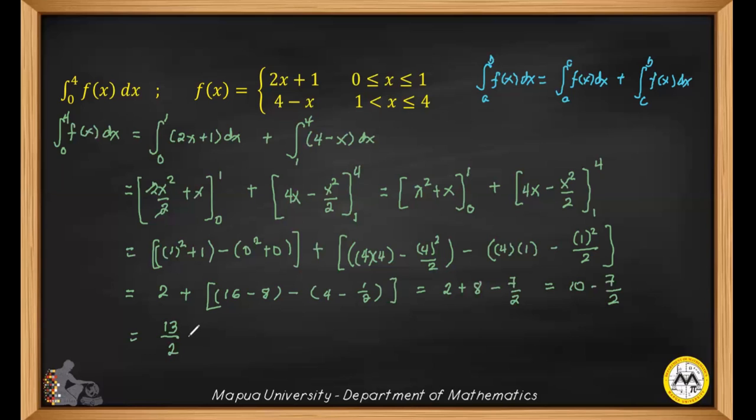Hence, the integral of f of x dx from the lower limit 0 to the upper limit 4, given the piecewise function f of x is 2x plus 1 when x is greater than or equal to 0, less than or equal to 1, and f of x is 4 minus x when x is greater than 1 but less than or equal to 4, is 13 over 2.